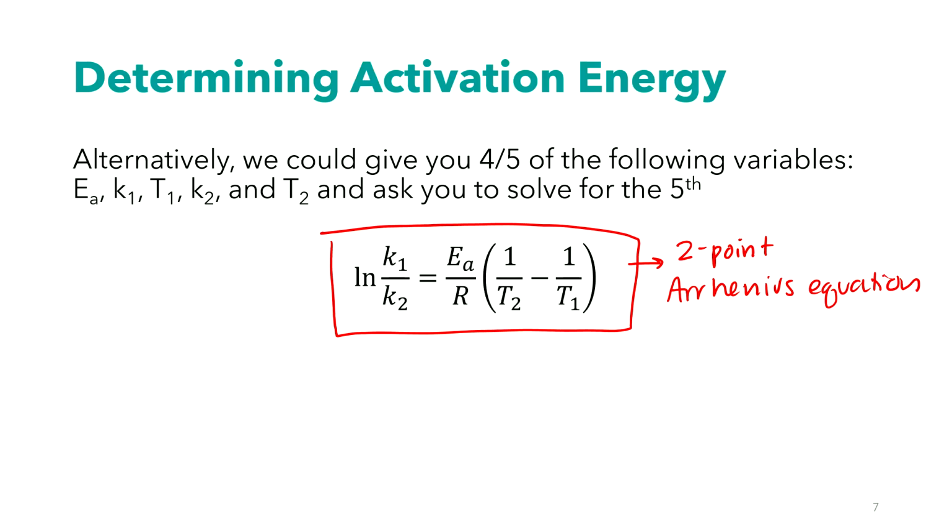Okay, so I'm going to solve for the slope given 2 points. Basically, I say, hey, I know the rate constant at a temperature, and I know the rate constant at a second temperature. That's just saying, hey, you have 2 points, and knowing 2 points, you can determine what the slope is, right? There's only one line that connects those two, and it has a characteristic slope. That's what this equation does for us.